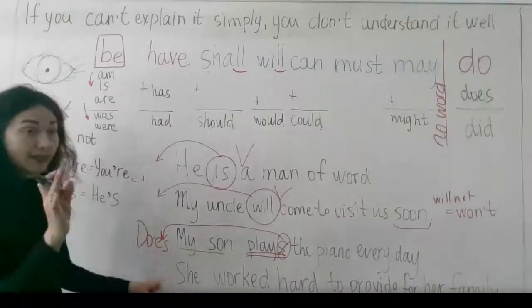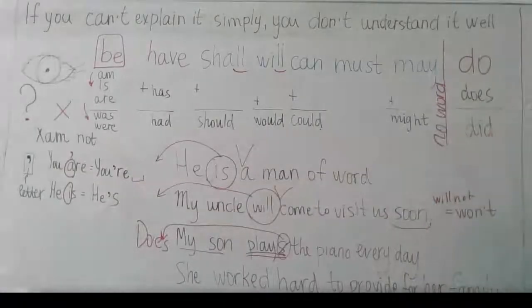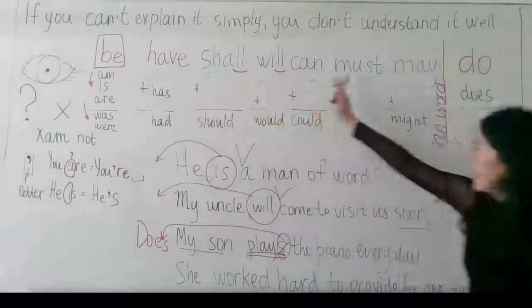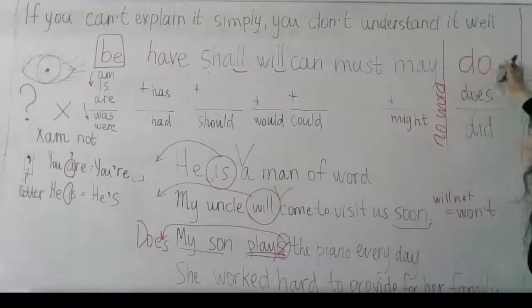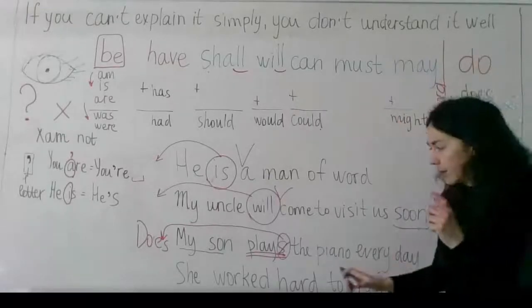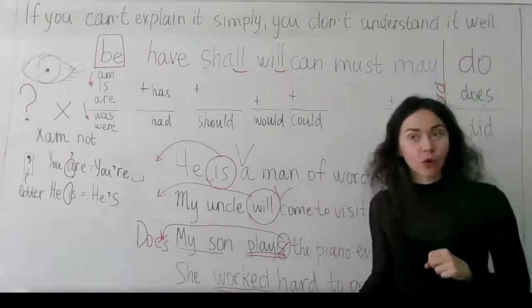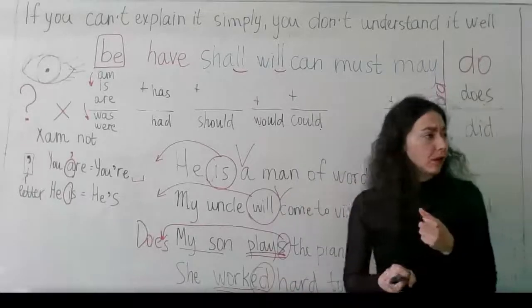Then we have one last sentence: She worked hard to provide for her family. Step number 1, do we have any of these forms? No. No word, so do, does, did. Again, we have to pay attention to what verb form we have. Worked. What does this ending reveal?